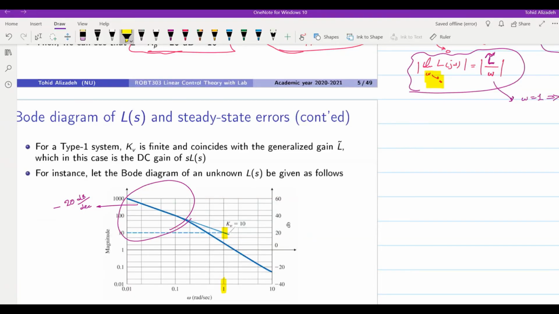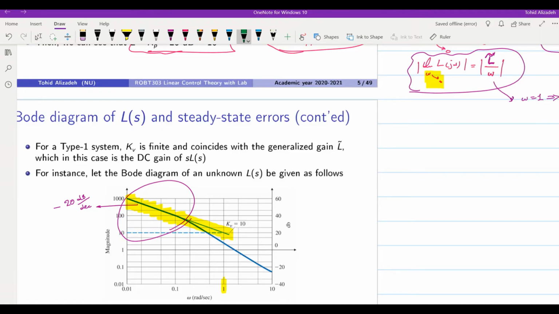If ω equal to 1 is not included in the drawing that we have for the very low frequencies, we extend that and end up with the value for Kv, where ω is equal to 1. And then we will have that value. For this example, it's equal to 20 decibels. So Kv is equal to 20 dB, or it's equal to 10.